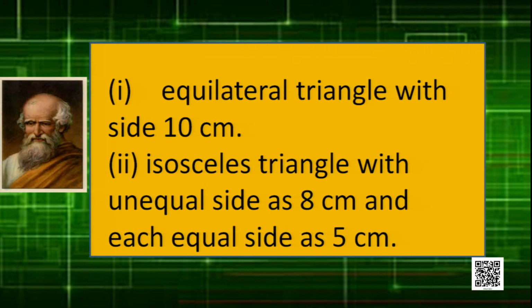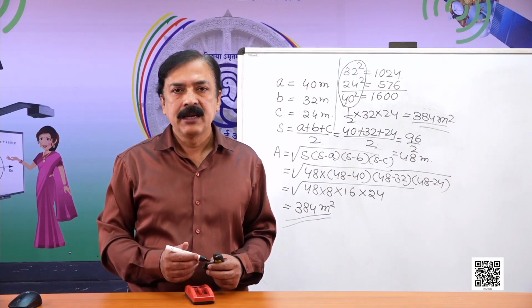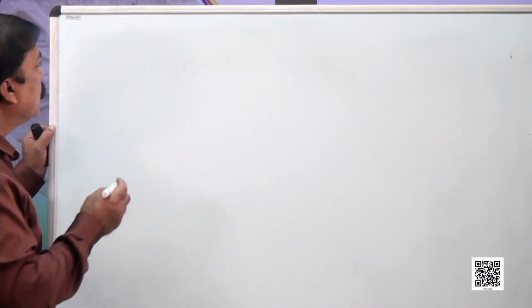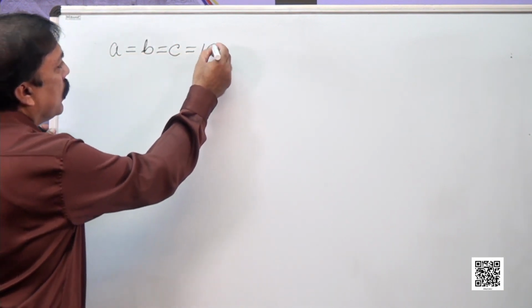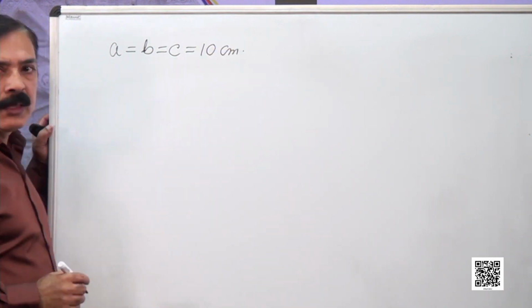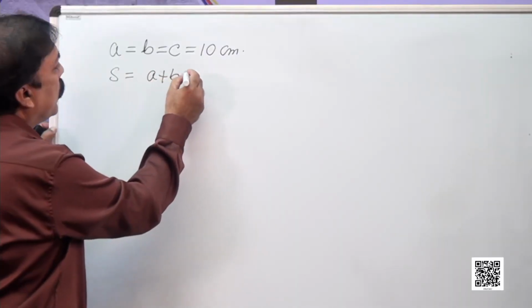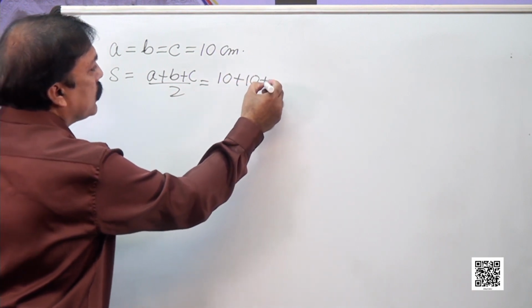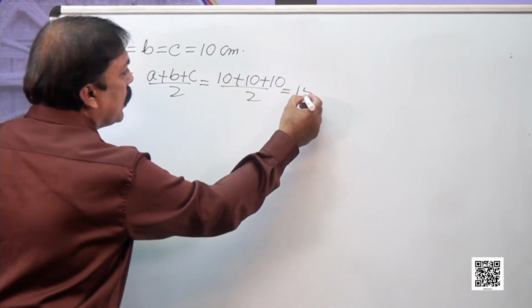In this case, equilateral triangle, as we have done already by using half base and height, let's try it with Heron's formula. As it is equilateral triangle, so we can say A is equal to B is equal to C equal to 10 centimeter. In this case, S is equal to (A plus B plus C) by 2, that is (10 plus 10 plus 10) by 2, that is 30 by 2, that is 15.